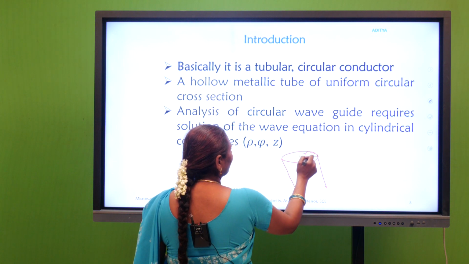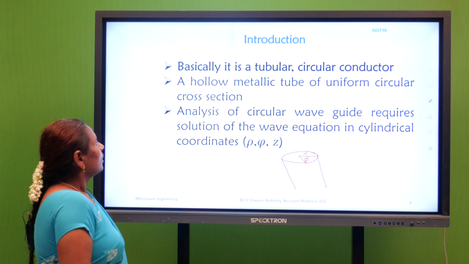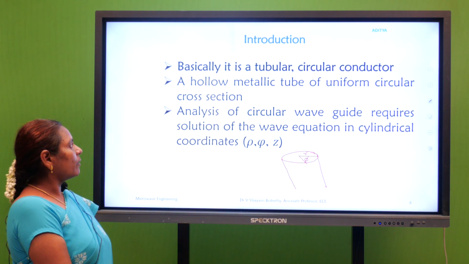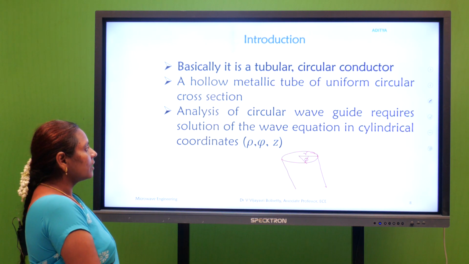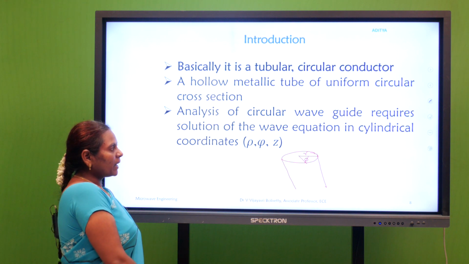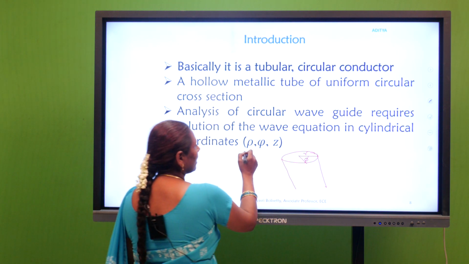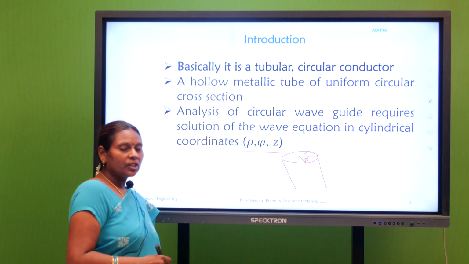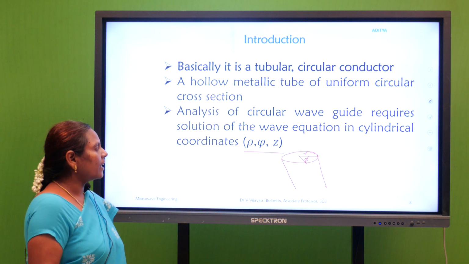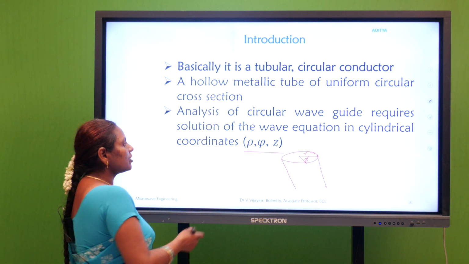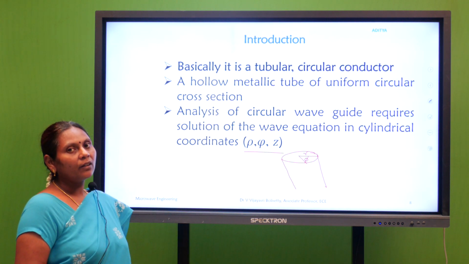and angle phi. Okay. So, analysis of this circular waveguide requires the solution of the equations in cylindrical coordinates, and generally the parameters of the cylindrical coordinates are represented as rho, phi and z. Okay. As the propagation direction is along the z direction, we take the same, and instead of the x and y axis, here we are taking rho and phi.